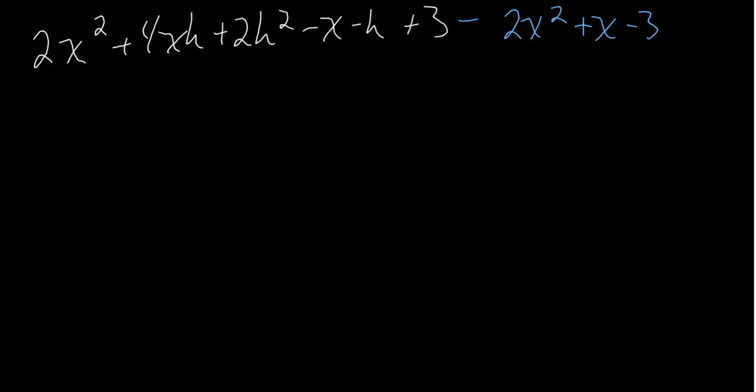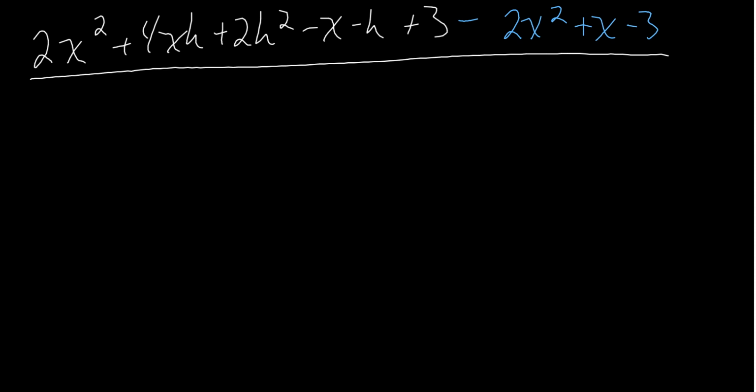The minus sign stays on the 2x squared, since it was a positive, and then it's all over h.